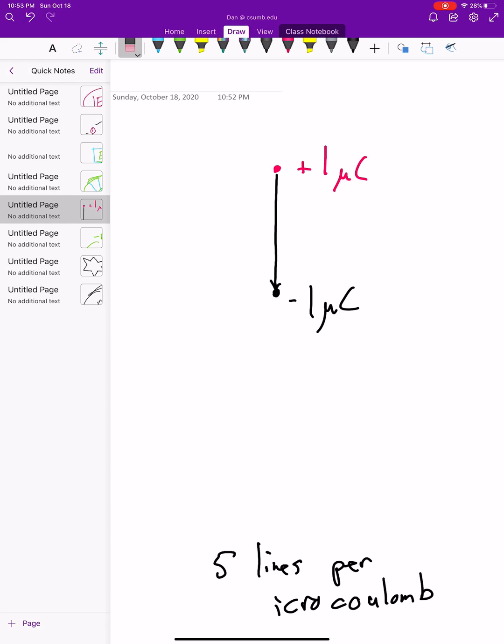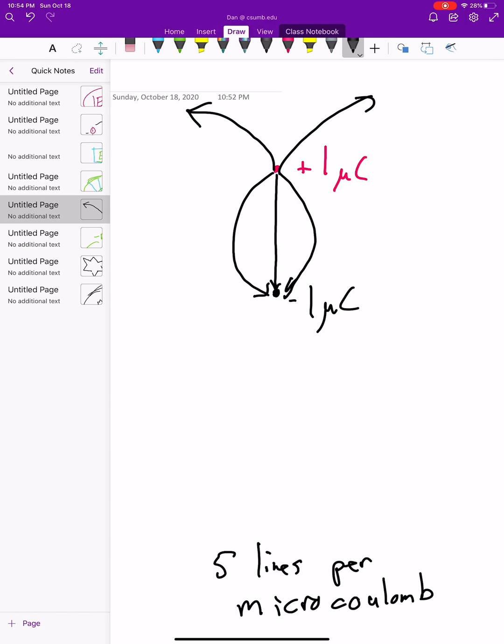What that means then is that there should be 5 lines leaving this charge here, and they're actually leaving, but they're eventually coming around here. You can't see them because they're so extensive they leave the screen.